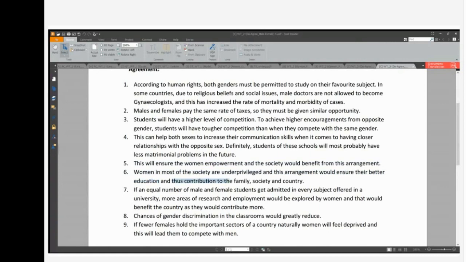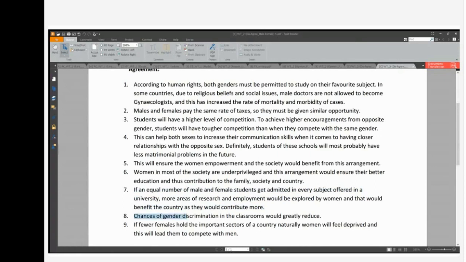If an equal number of male and female students get admitted in every subject offered in university, more areas of research and employment would be explored by women, and that would benefit the country as they would contribute more, obviously. We can also say chances of gender discrimination in the classroom would greatly reduce.